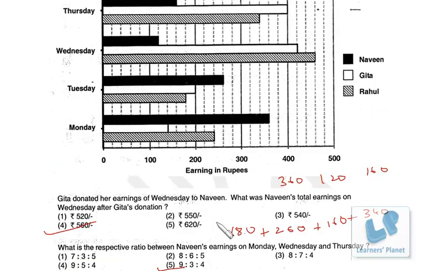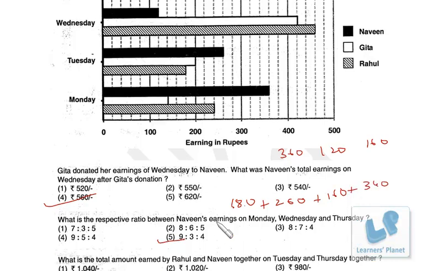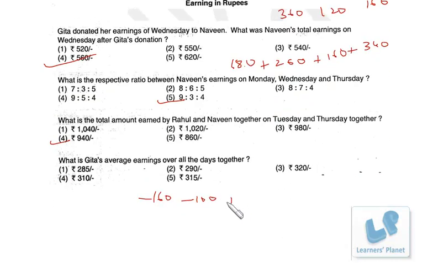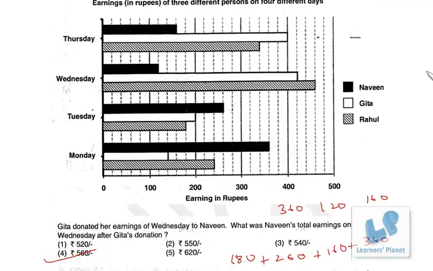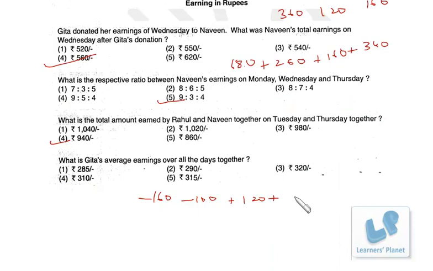Then on Wednesday it is 420, so deviation is 120, and Thursday it is 400, so deviation is 100. Okay, so final deviation is minus 40, average deviation divided by 4, so it's minus 10. We assume 300, so the new average will be 10 less than the 300, that is 290.